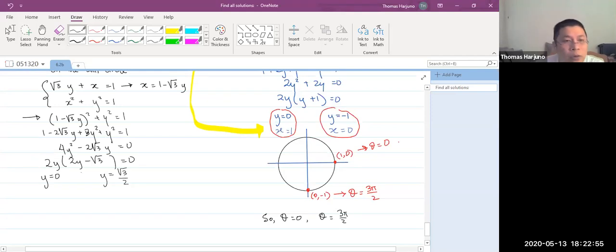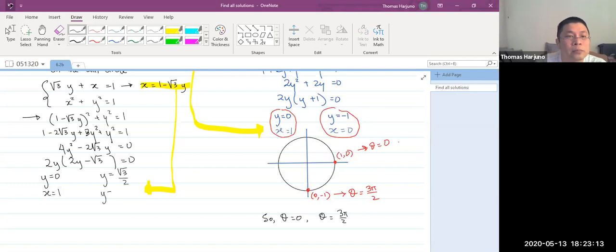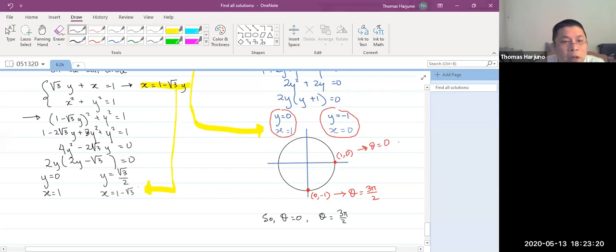So y equals 0 implies x equals 1. If y equals radical 3 over 2, then x will be 1 minus radical 3 times radical 3 over 2, that's 1 minus 3 halves, that's negative 1 half.